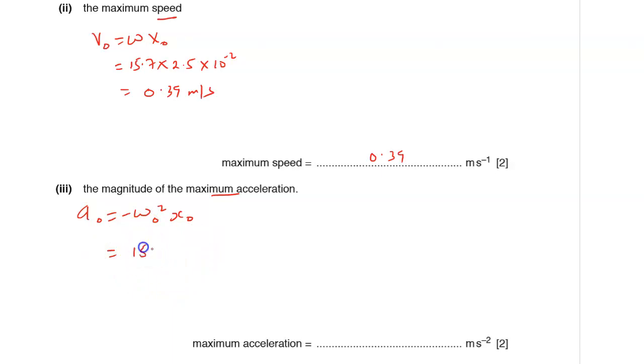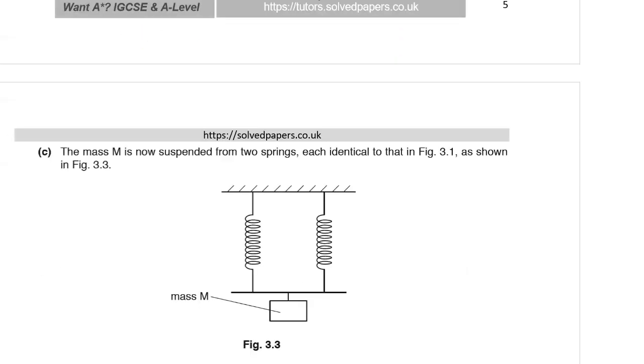Omega is 15.7 squared times the displacement, which is 2.5 times 10 raised to power minus 2. When you do correct evaluation, the maximum acceleration is 6.2 meters per second squared.